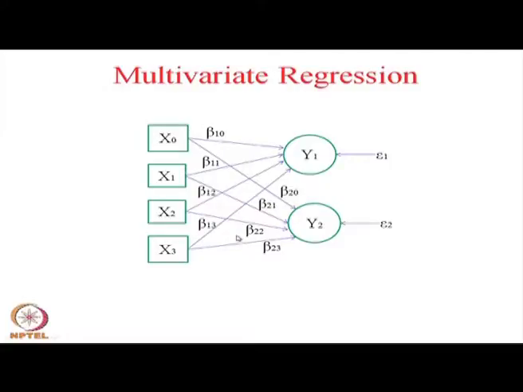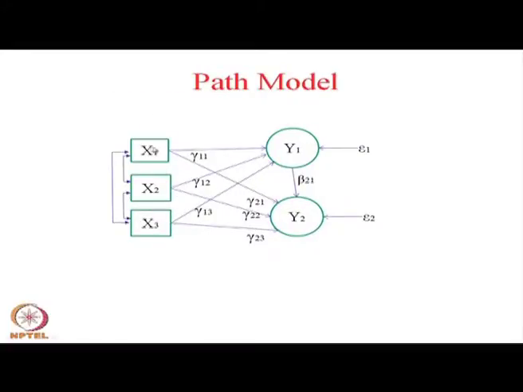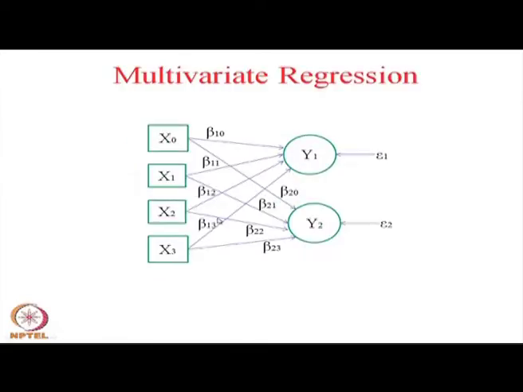In order to incorporate the covariance relationship between the x variables, you create something like this, where x1, x2, x3 are the independent variables and y1, y2 are the dependent variables. The difference of this structure from multivariate regression is that in multivariate regression you are assuming that x1, x2, x3 are truly independent, not correlated, and there is no causal relationship between y1 and y2.